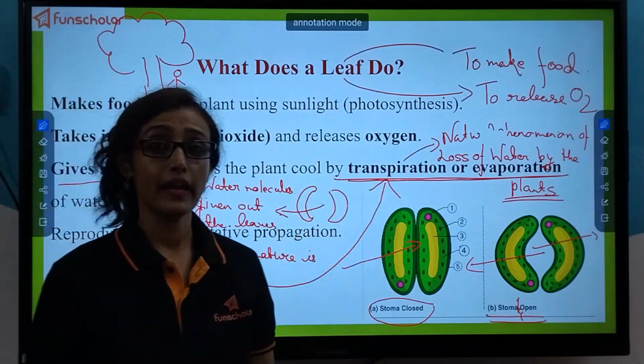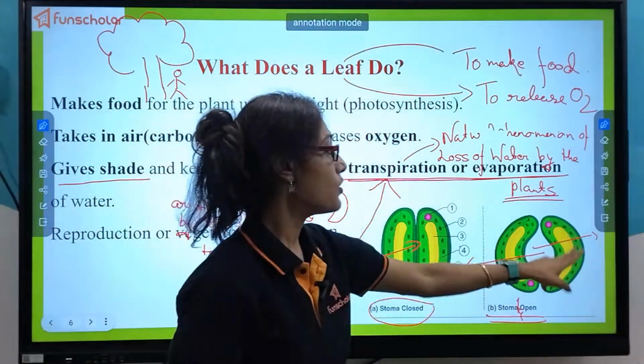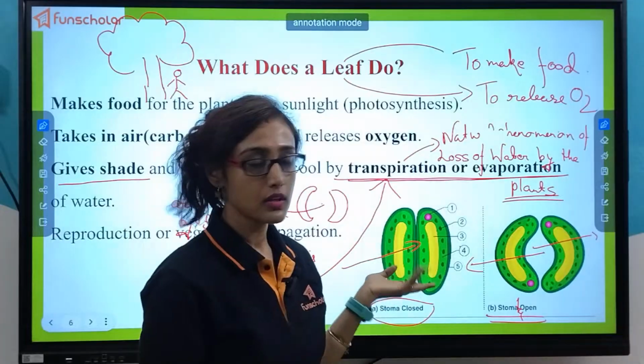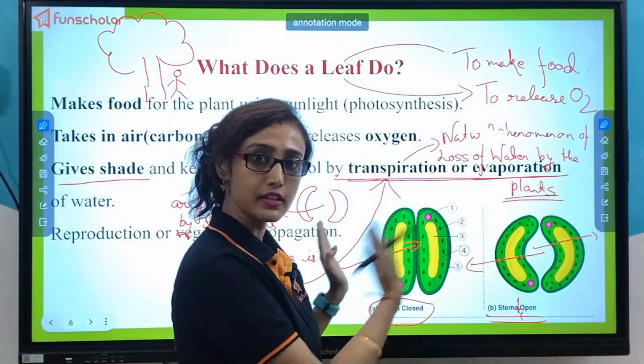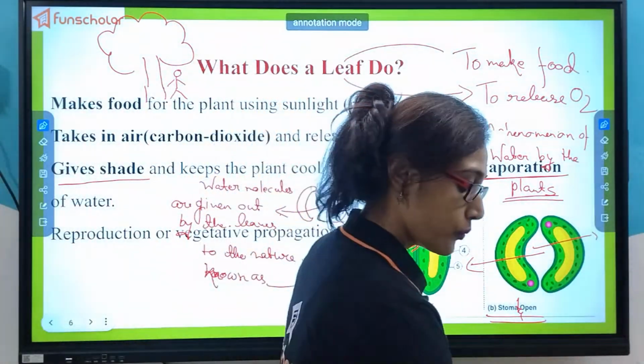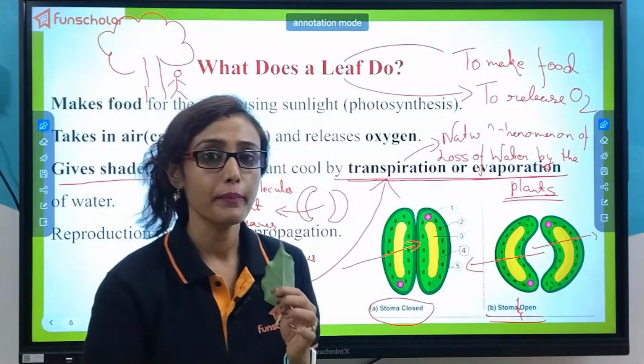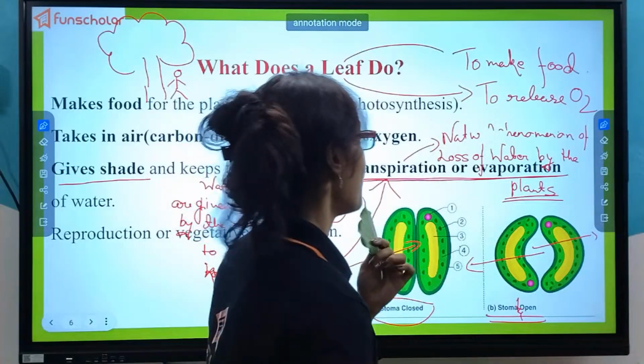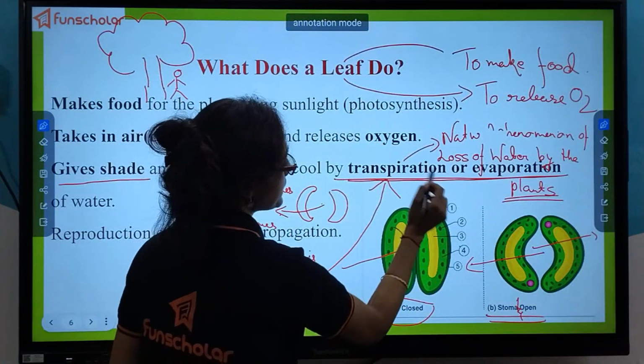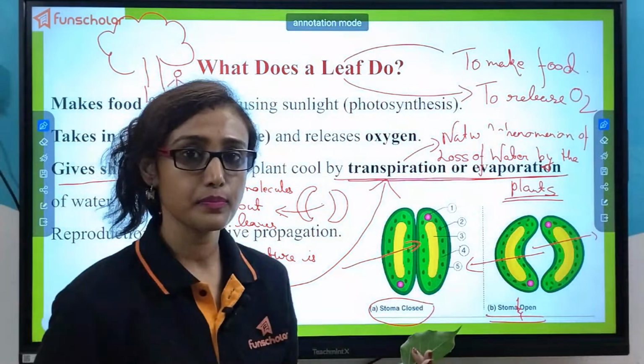Transpiration happens when the stomatas are open. Obviously, if they are closed, nothing can be passed from one side to another side. So when in the leaves, the stomatal pores are open during daytime, what happens? Transpiration occurs. Now, what is transpiration?